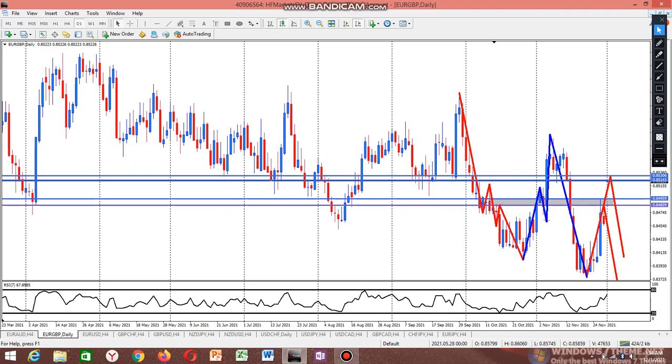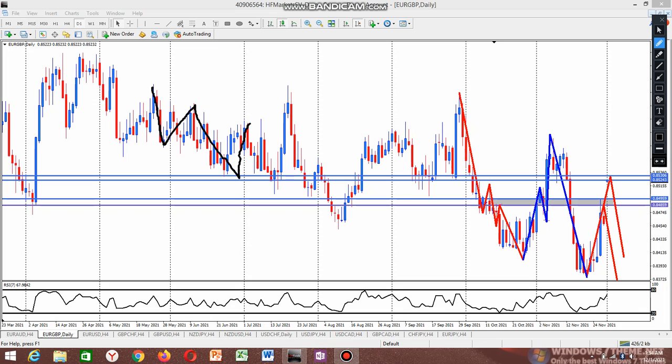With the look of things, you can all agree with me that this market has been on a bearish trend: pushed up, pushed down, drop down, pushed up, pushed down.